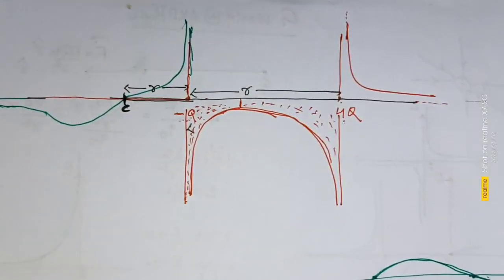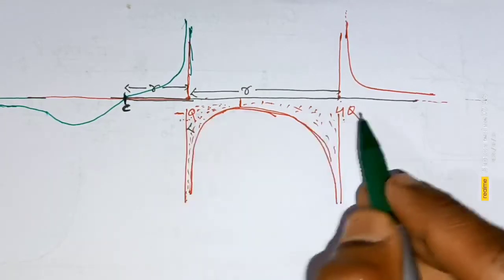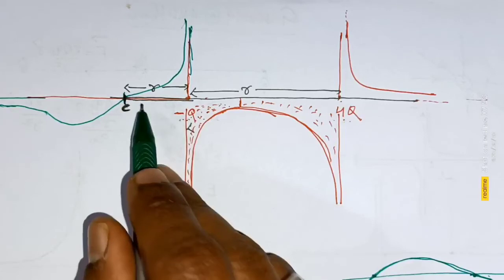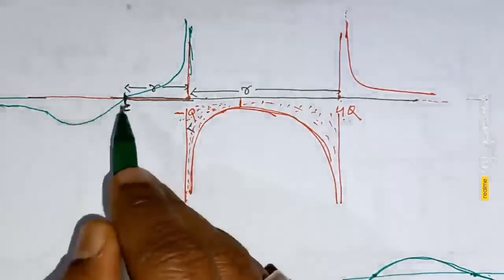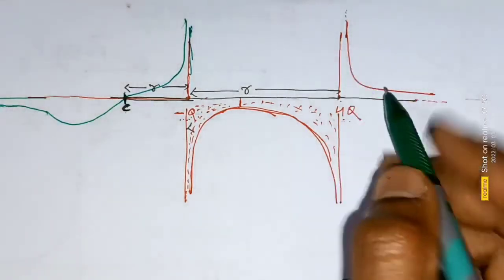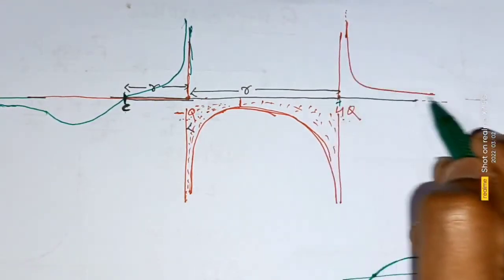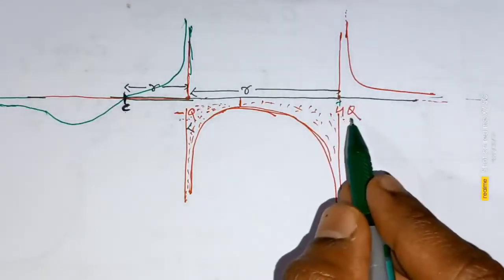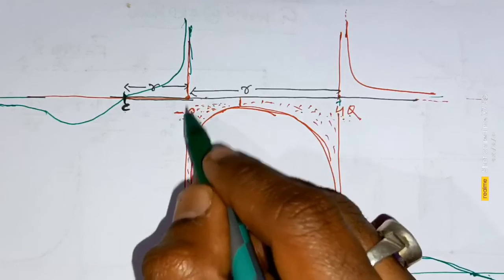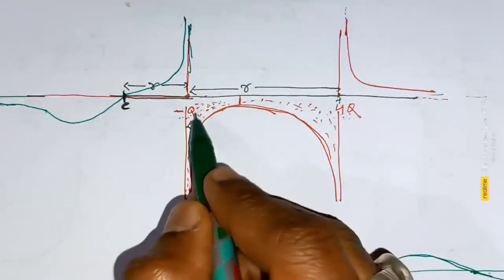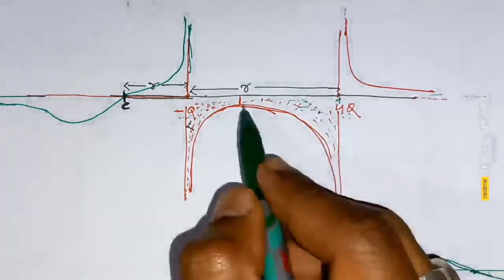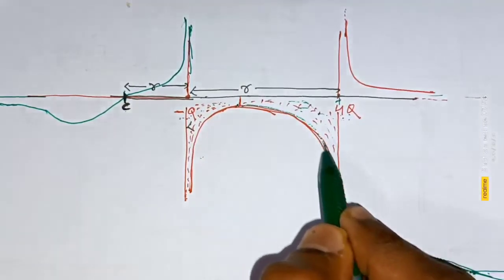If you observe this carefully, with minus Q and 4Q, we know the equilibrium point will always be nearest to the smaller charge, and in this case it is outside. Suppose I call this point C, the equilibrium point. 4Q is a positive charge, so I draw the pattern of a positive charge, but the area of 4Q will be more than that of small q, because it has greater magnitude, so it covers more area. So the graph tendency bends a little like this.